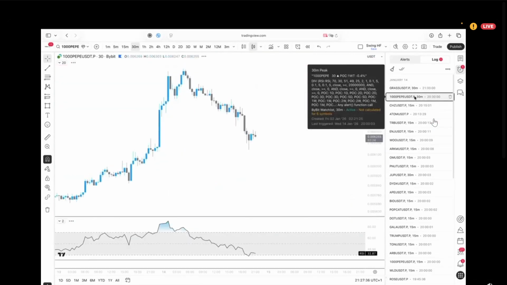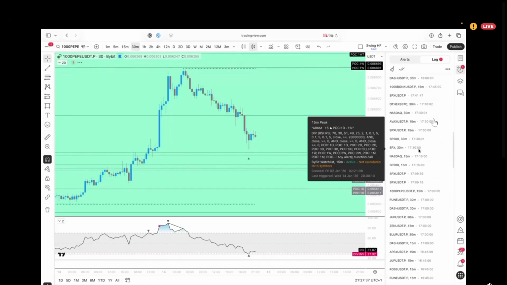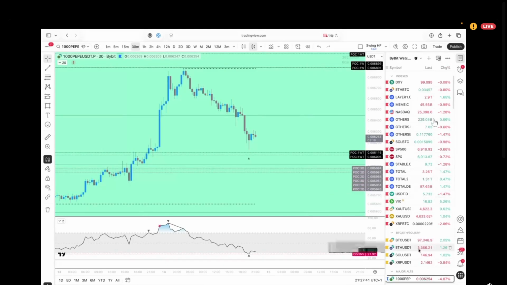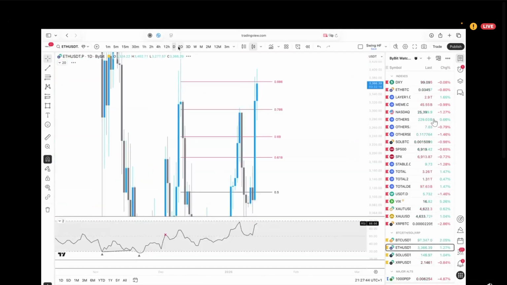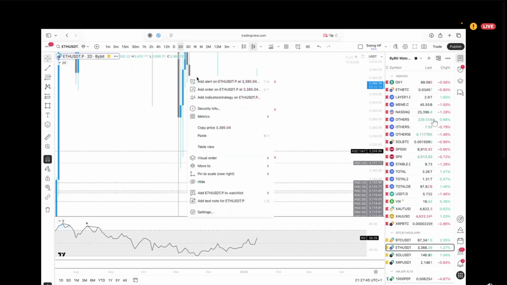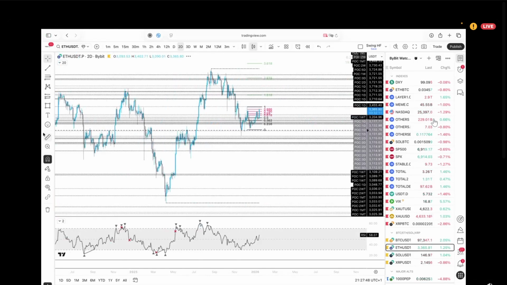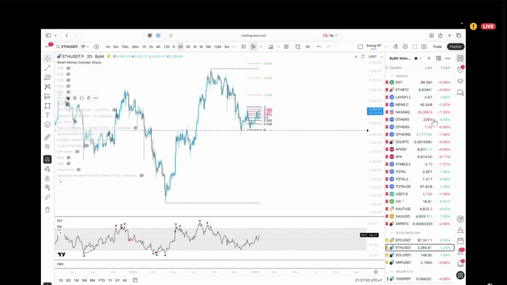What is it? Grass. Pepe. And yeah, let me take a look at Ethereum from a macro perspective. So we have everything. Let me hide all the indicators.